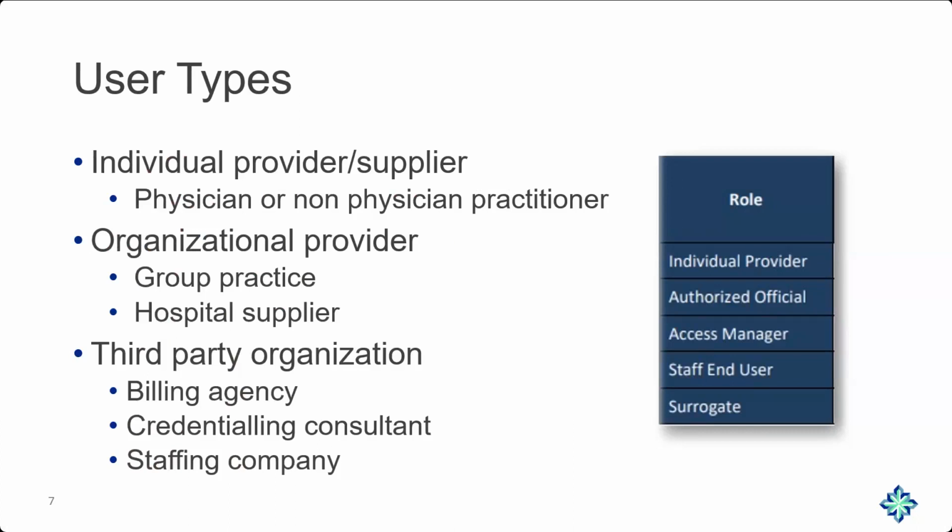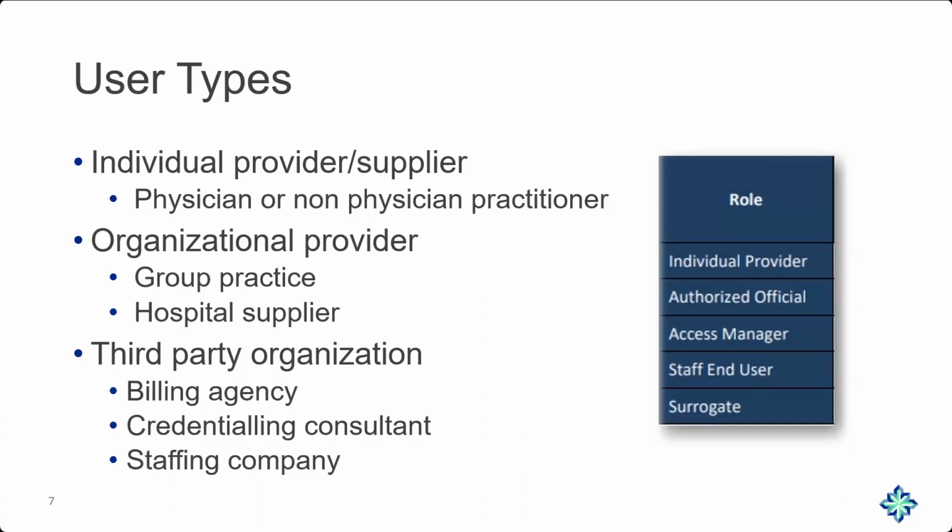Now you are going to see some similarities in these, and I do want to walk through these because the other thing that is different is what each role or each user type is able to do. I also want to point out that it is possible for an individual to have different roles for different organizations, and it just depends on what their relationship to that organization is and what that organization is allowing them.